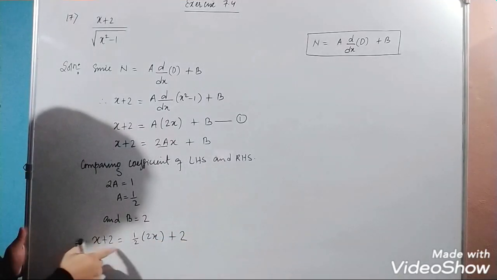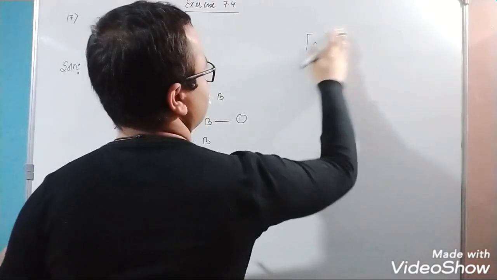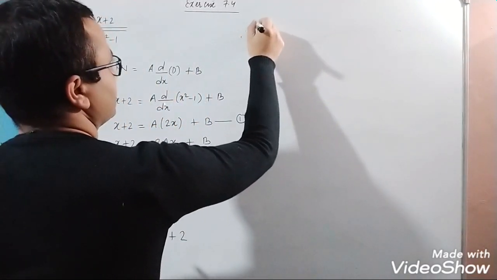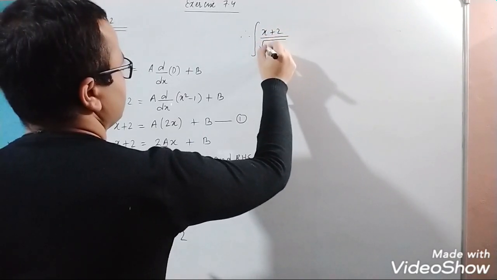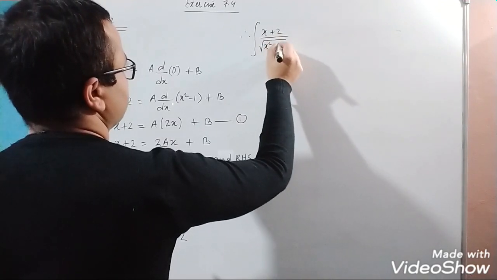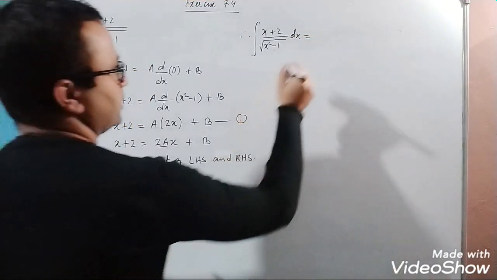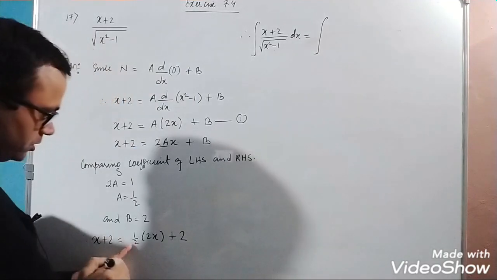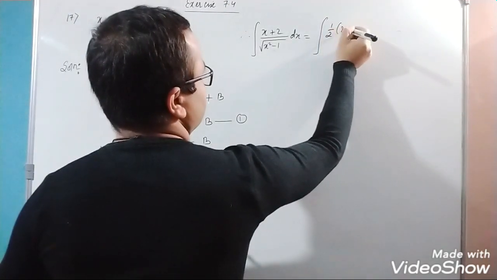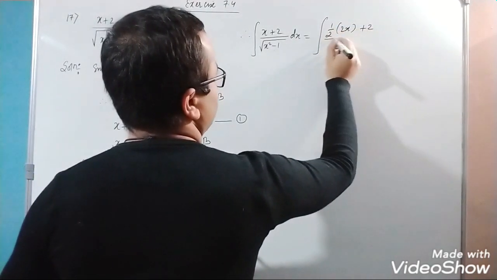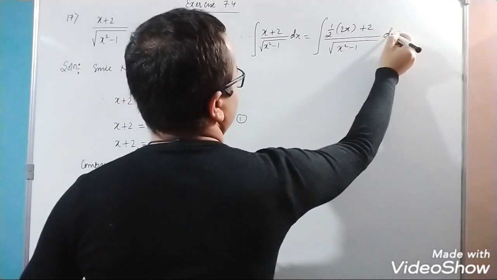Therefore the integration of x plus 2 divided by root under x square minus 1 dx equals, now the value of x plus 2 is 1 by 2 times (2x plus 2), so it is 1 by 2 times the integral of (2x plus 2) divided by root under x square minus 1 dx.